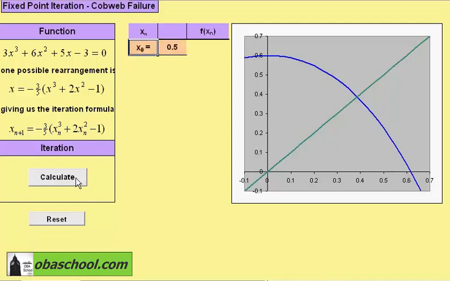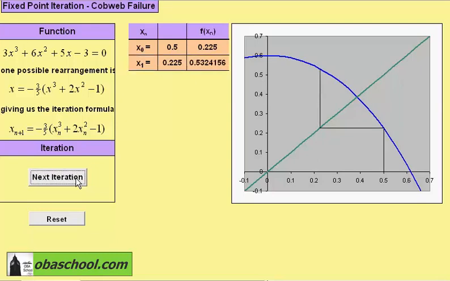If we start to iterate, using 0.5 as our start point, we get 0.225, and we use this as our next input. So we go across using 0.225 as our next x value and evaluate.